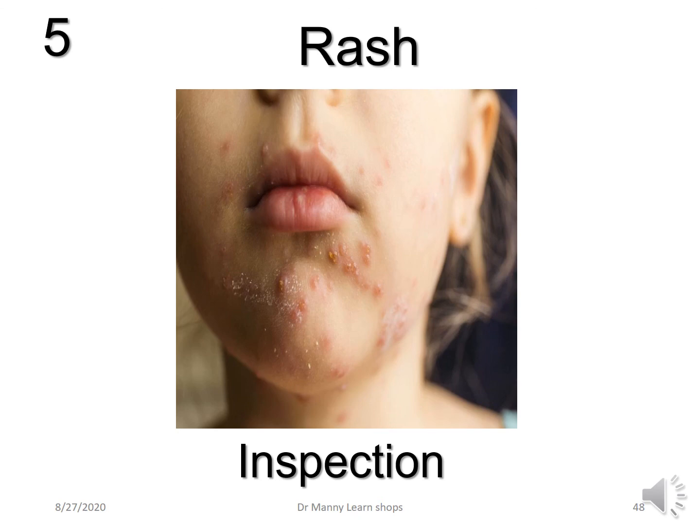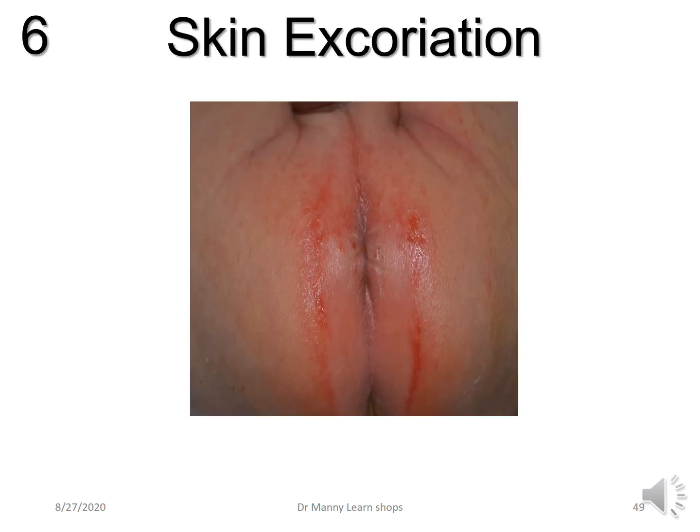A glove doesn't provide you with any real information other than to observe whether the papules are painful, but you could probably ask the child whether they are painful. Then you've got skin excoriation. This could be a nappy rash, possibly. Inspection.